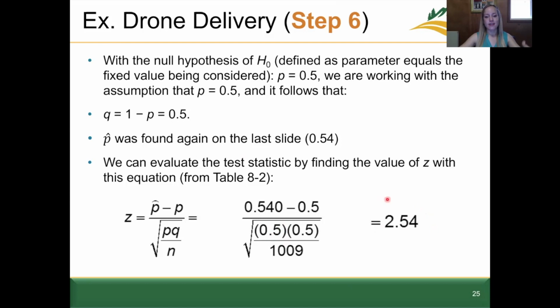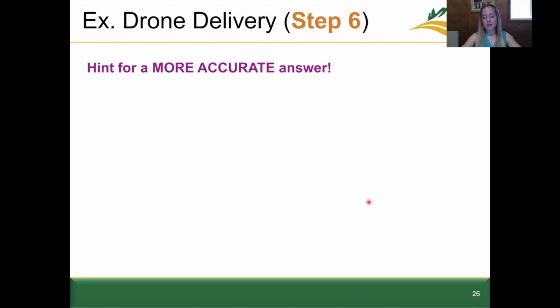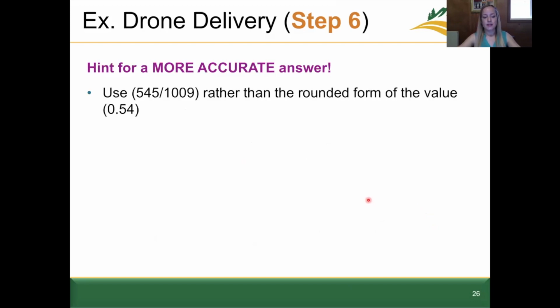Now, actually, instead of getting a value of 2.54, we can do something to make our answer more accurate, and we should do this in our calculations. What we need to do specifically to make our value just slightly more accurate is to use this full fraction of 545 over 1009. We're using that in place of 0.54. Why would we do that? Well, 0.54 is a little bit rounded, so if we use this full fraction, we'll get a slightly more accurate answer, and we should do this.